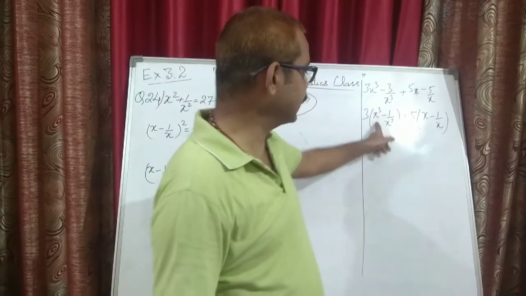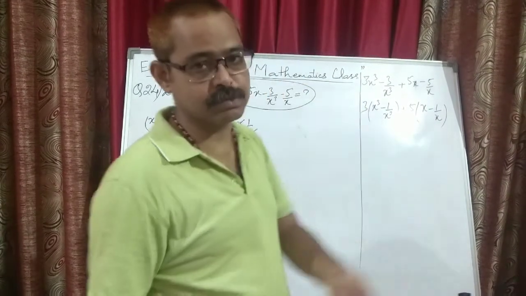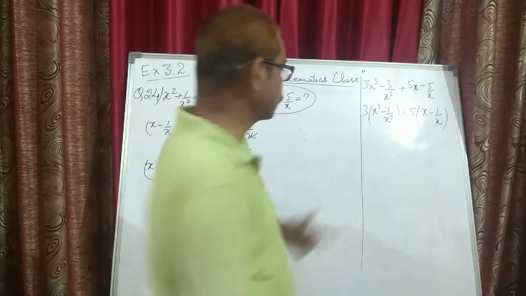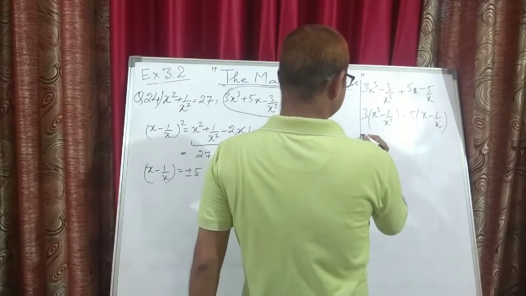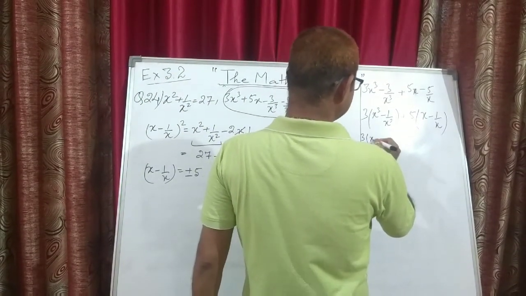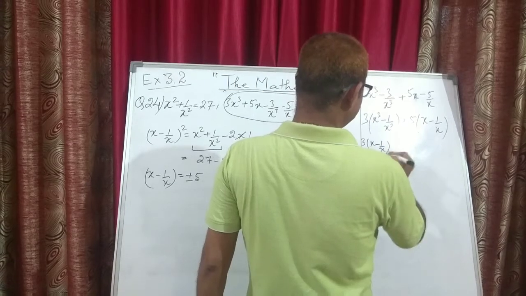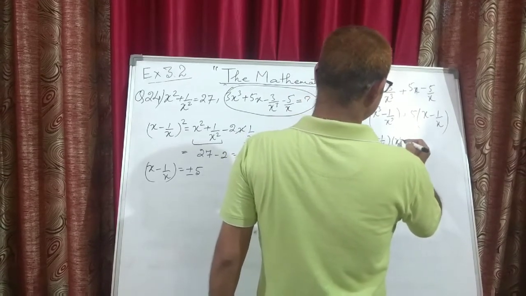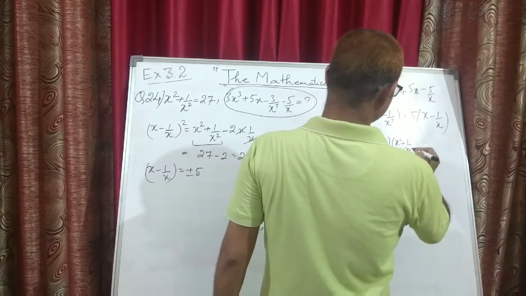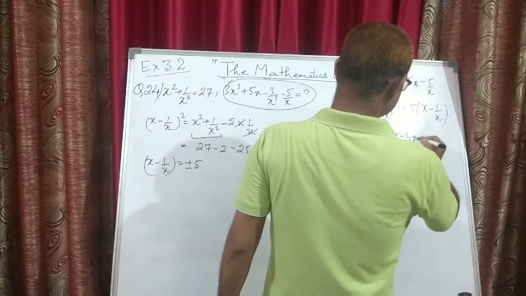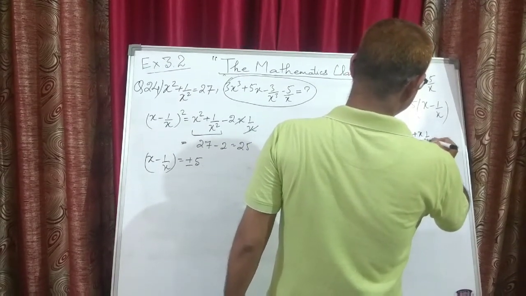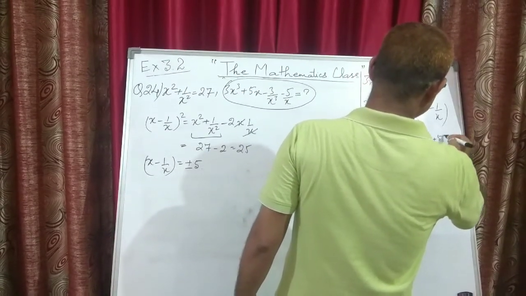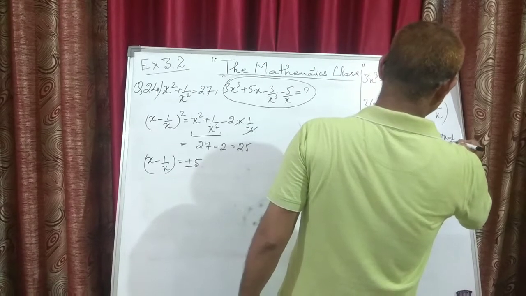You know that a cube minus b cube is a minus b, a square plus b square plus ab. So I am writing it as 3 times a minus b and a square plus b square plus ab plus 5 times x minus 1 upon x.